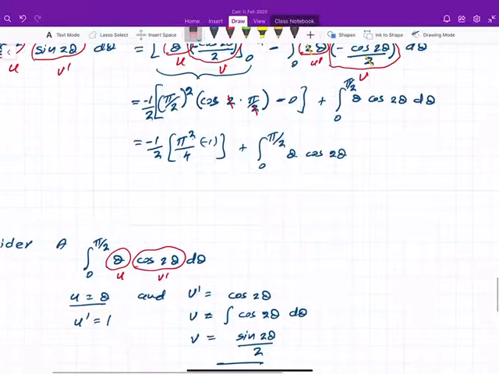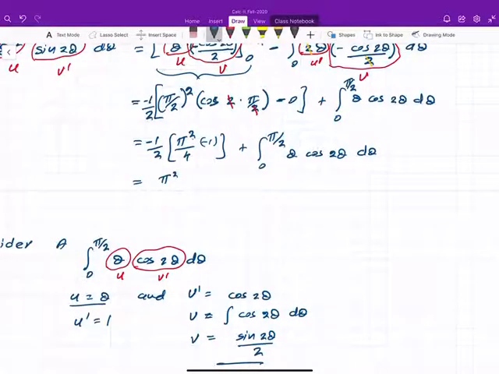And in the next part I'm going to simplify this as pi square over 8 plus the integration from 0 to pi over 2 of theta cos 2 theta d theta. Now I mark this as 1.